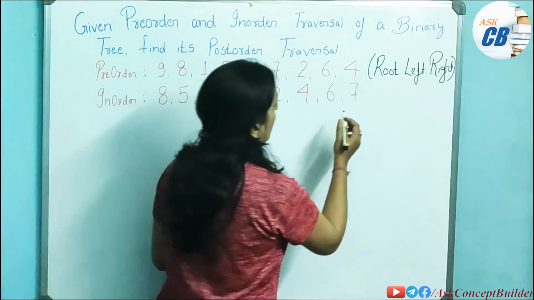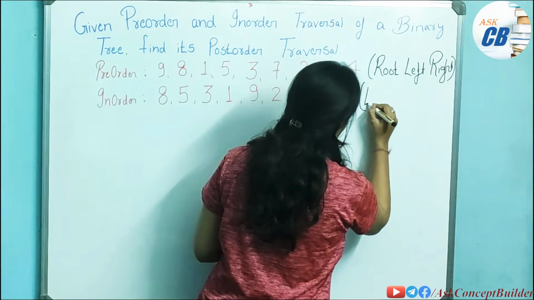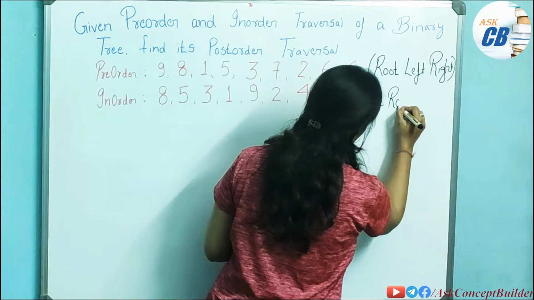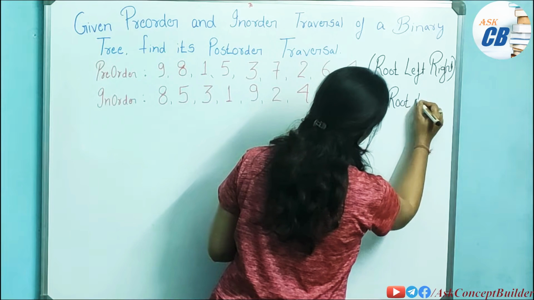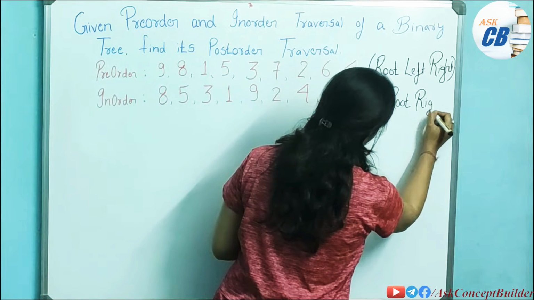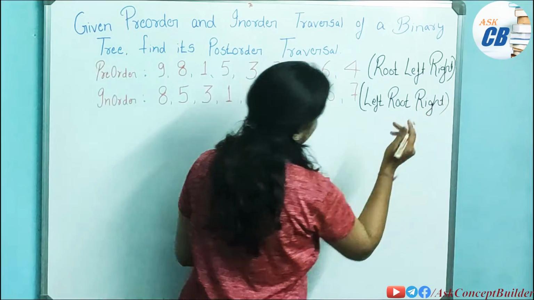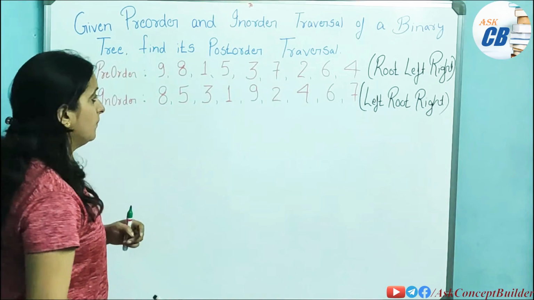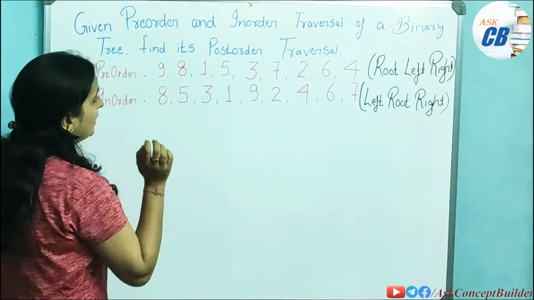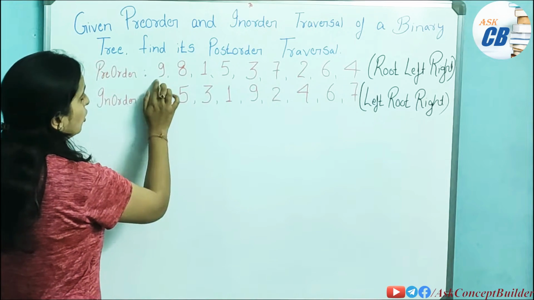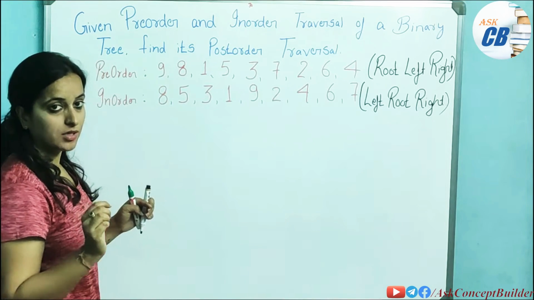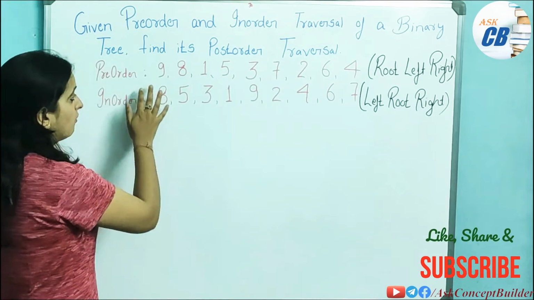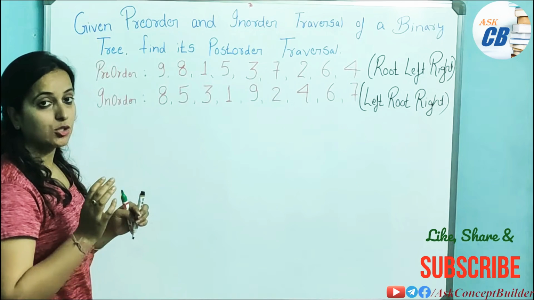And in in-order, first is your left node, then your root node, and then your right node. In this way you traverse your binary tree in in-order. So what we can see here is that in pre-order, the first node we visit is the root node.